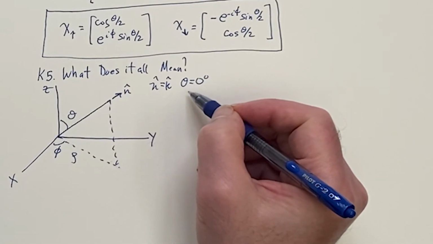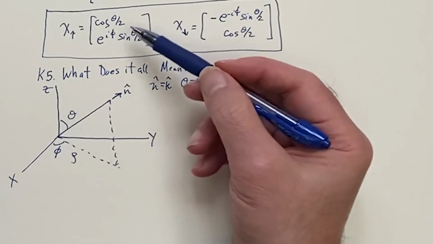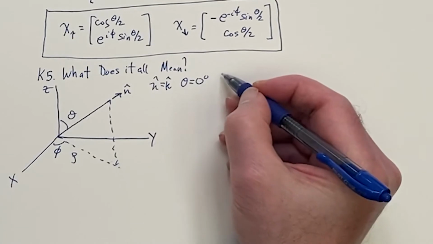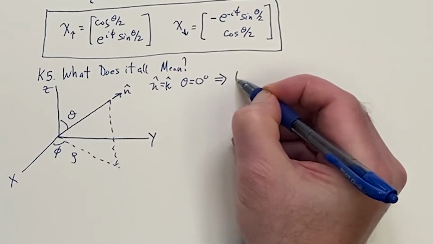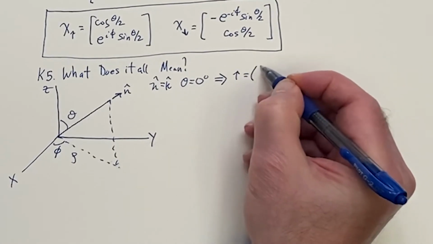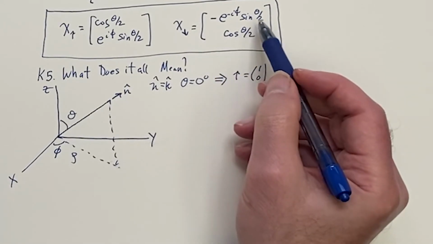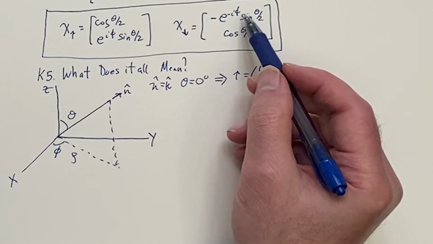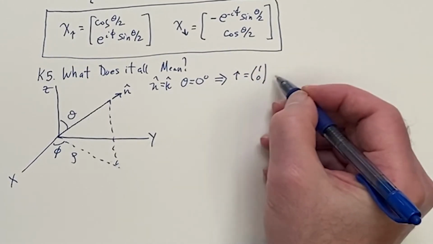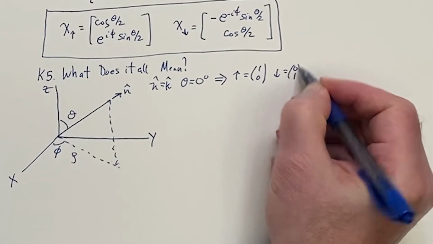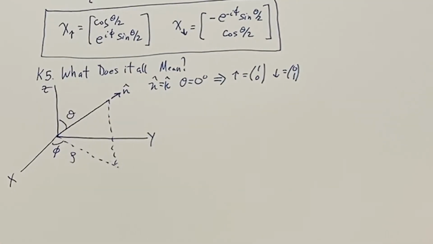So if theta is 0, then cosine of 0 is 1, sine of 0 is 0. So that would get me, for the up, 1, 0. And then here, sine of 0 is 0, cosine 0 is 1. And I would get what I expect for the z component.